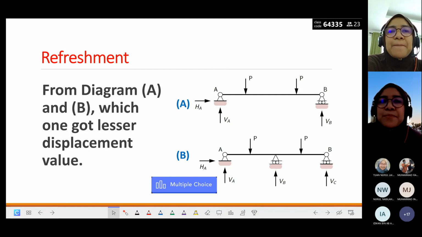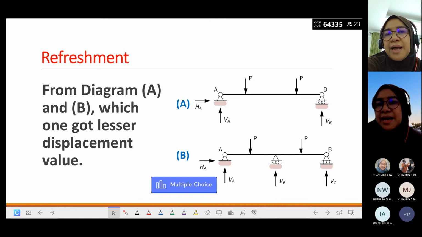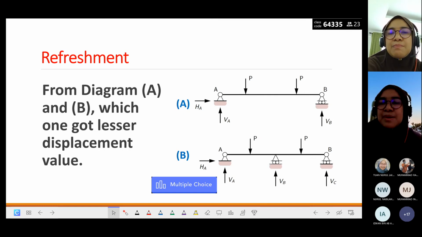Okay, we refresh one more time. Look at the diagram. Diagram A is a simply supported beam, and a simply supported beam is a determinate beam. Diagram B is the continuous beam, and it is an indeterminate beam.